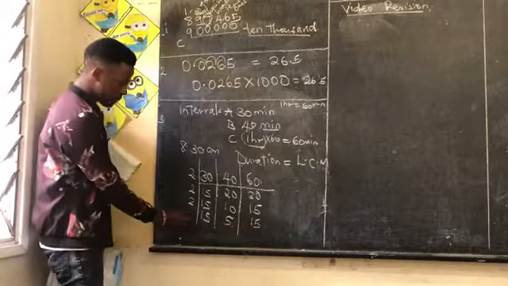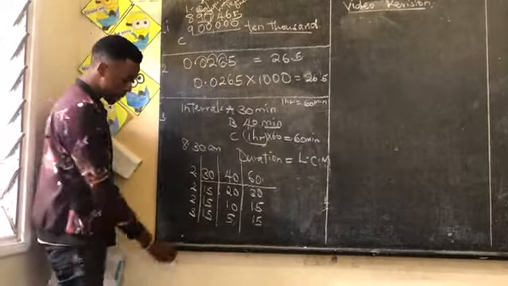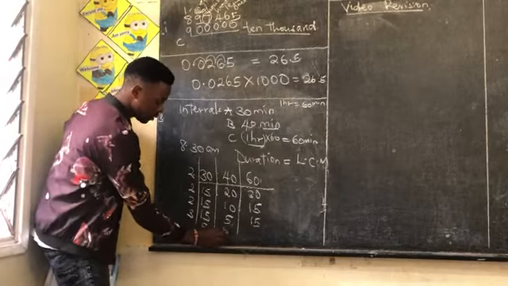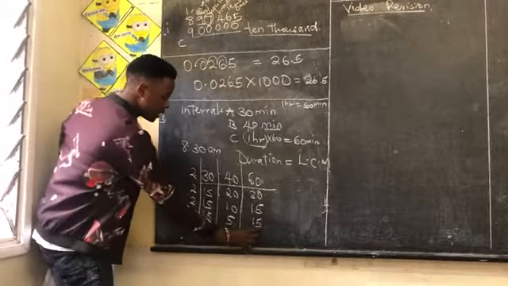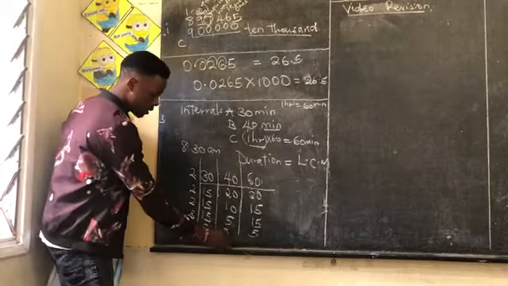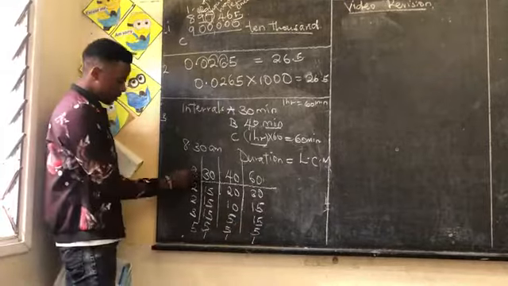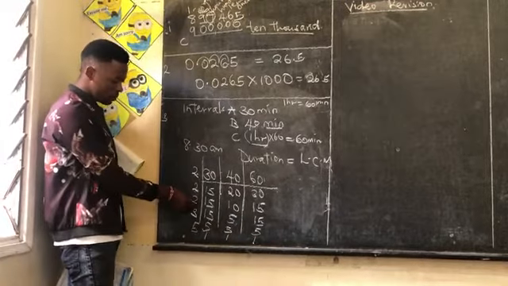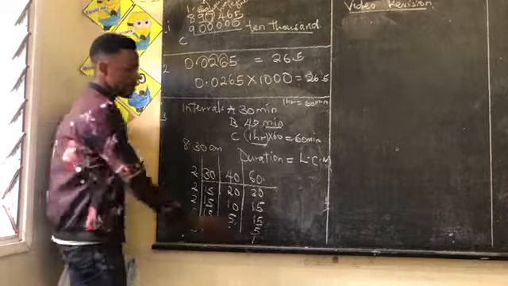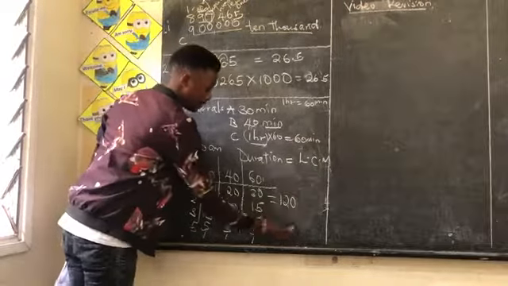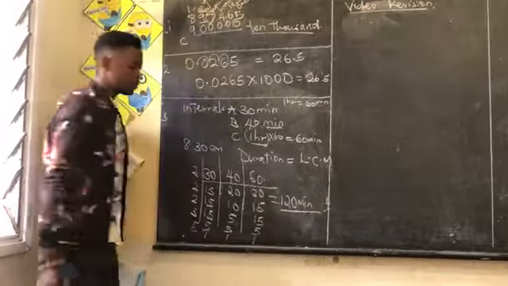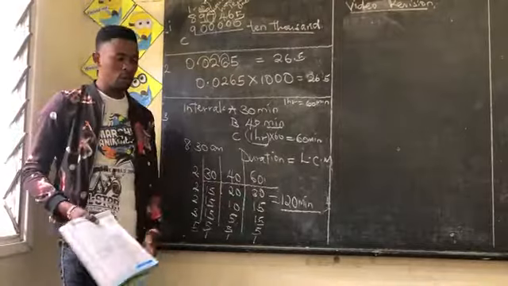Then from there we step to 3 as the next prime number. 15 divided by 3 is 5. 5 divided by 3 is impossible, so 15 divided by 3 is 5. Then 5 divided by 5, 1, 1, 1. So the LCM is 2 times 2, which is 4, times 2, 8. 8 times 3 is 24. 24 times 5 is 120. So that means the LCM of the intervals is 120 minutes.